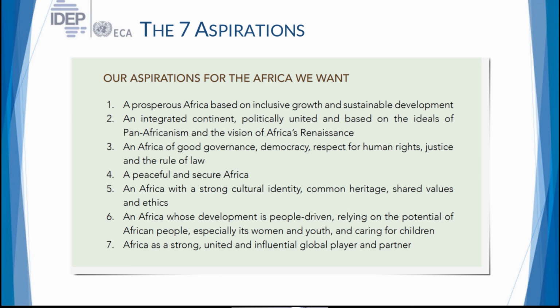Agenda 2063 is articulated around 7 key aspirations. Aspiration 1, a prosperous Africa based on inclusive growth and sustainable development. Aspiration 2, an integrated continent, politically united and based on the ideals of Pan-Africanism and the vision of African Renaissance.